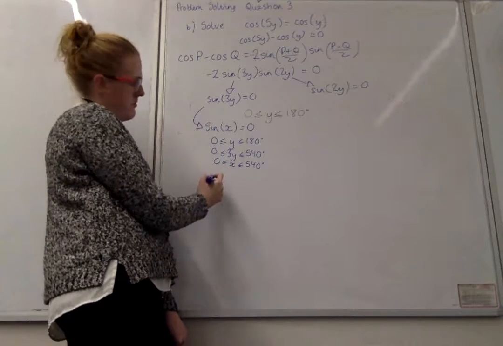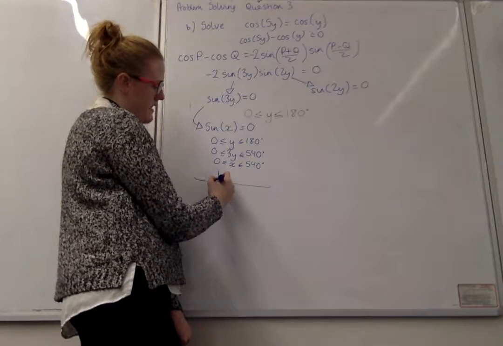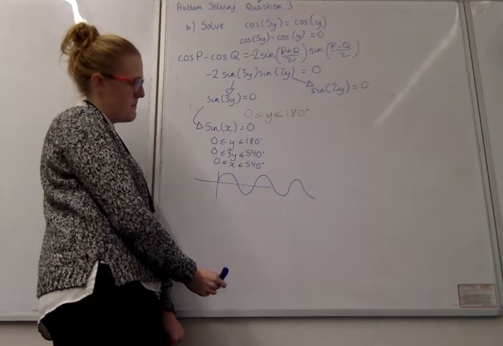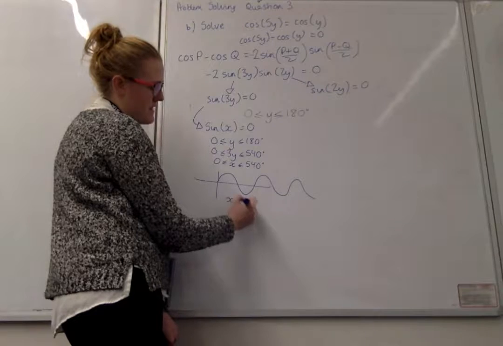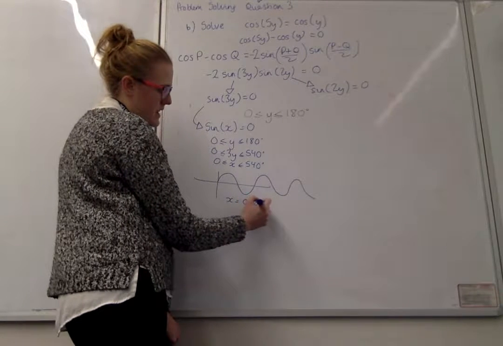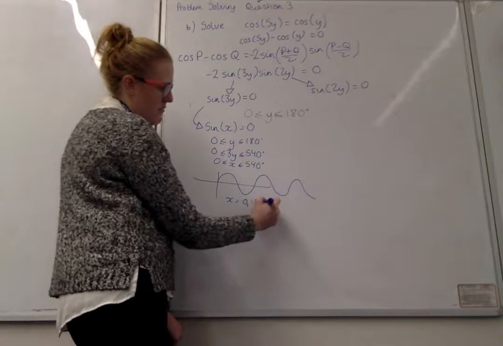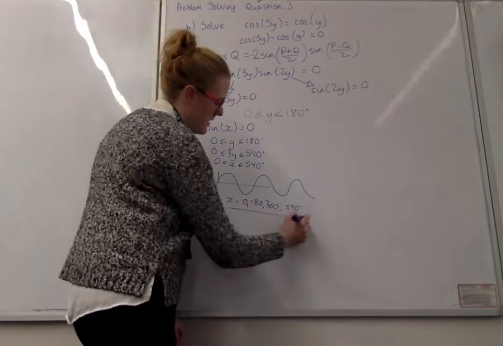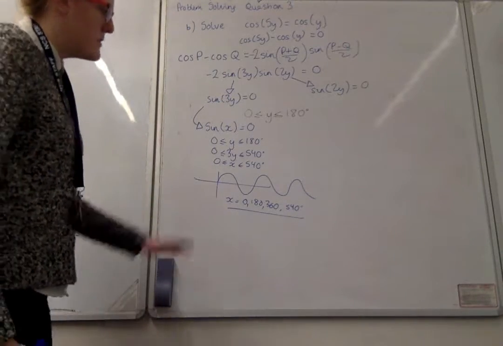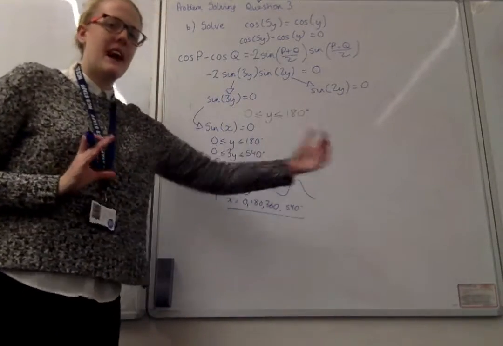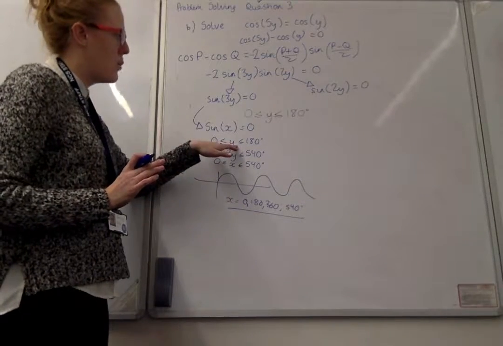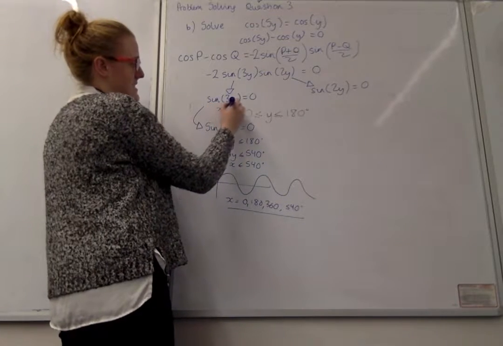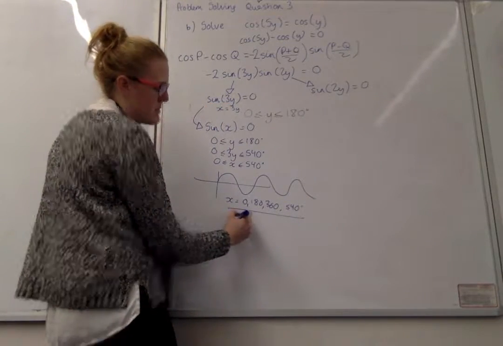So now I know that if I've got sine x equal to 0, I can go all the way up to 540. So I could say that x must be 0, 180, 360, and 540. Okay? So that's all the values of x that I'm allowed. And now when I squish them back in to talk about y, reverting the fact that x is 3y, well then y must be a third of all of these.